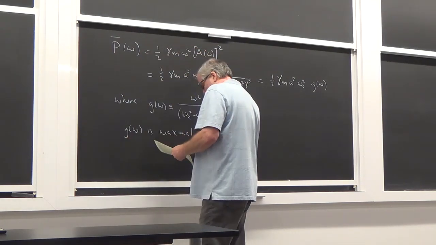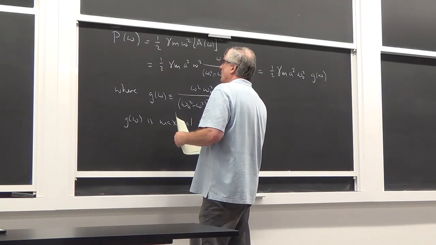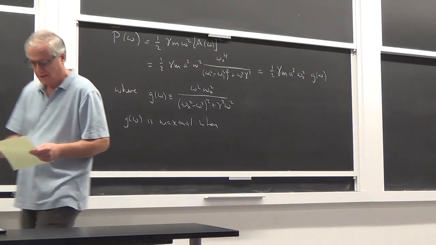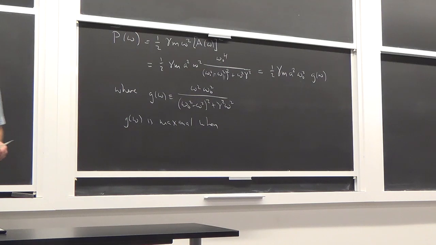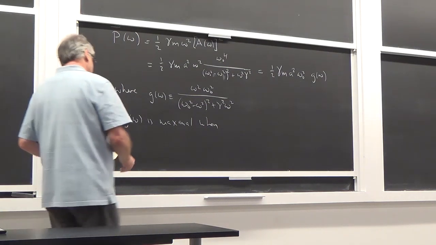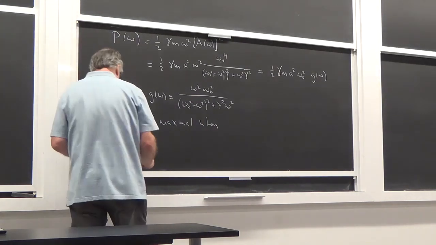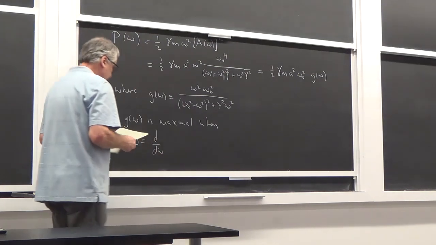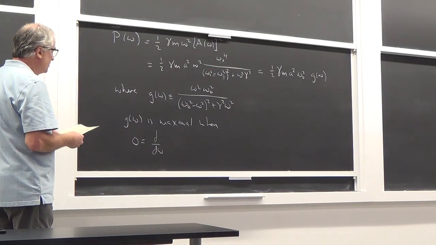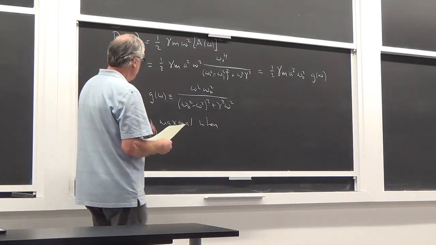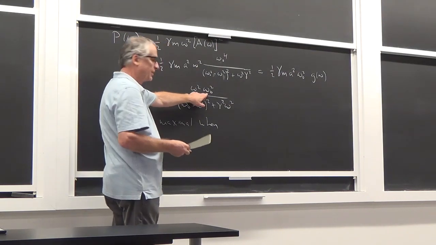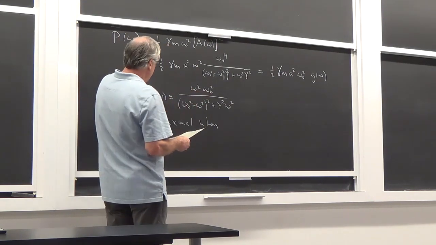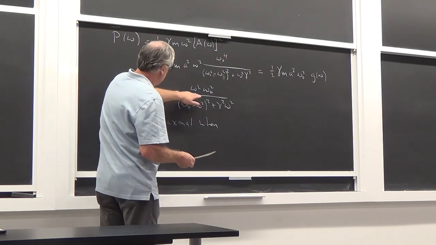So, here's the maximum. Well, it's maximal when I take the derivative d by d omega of G of omega. But let me divide through by this omega naught squared, since I don't like it there. It's not a function of omega.